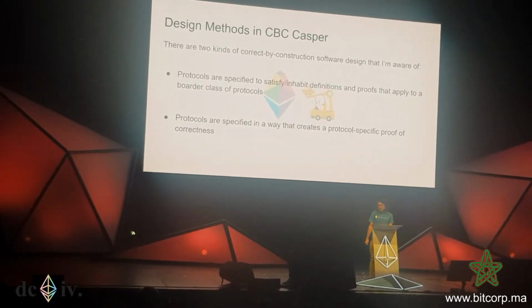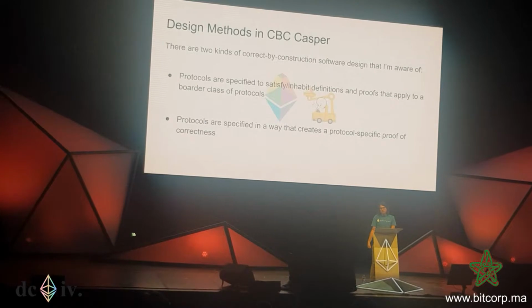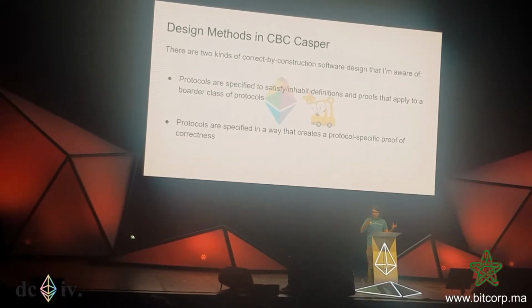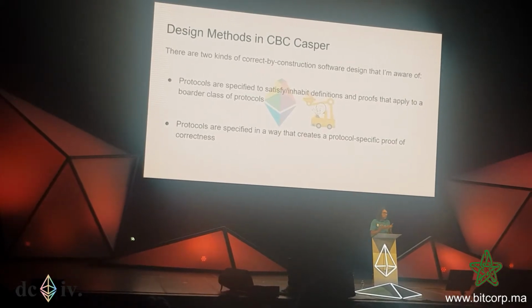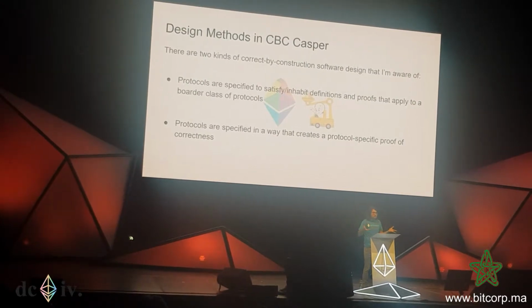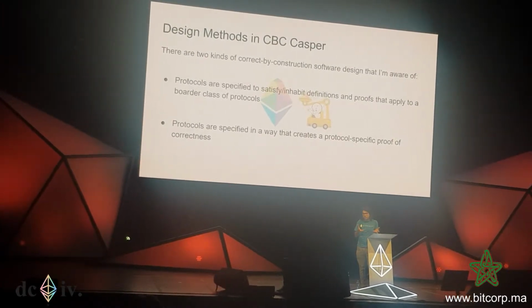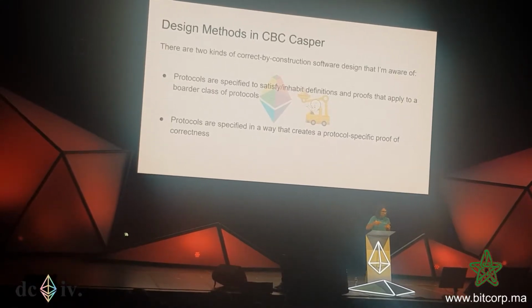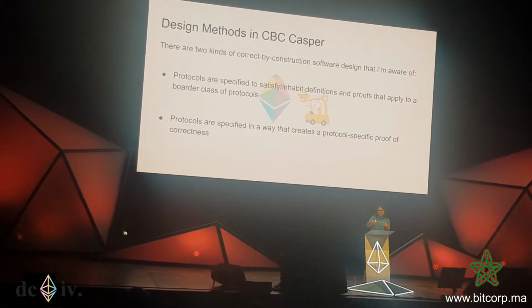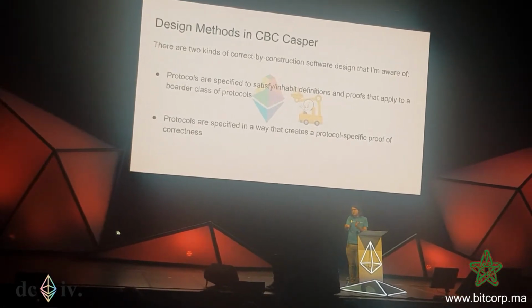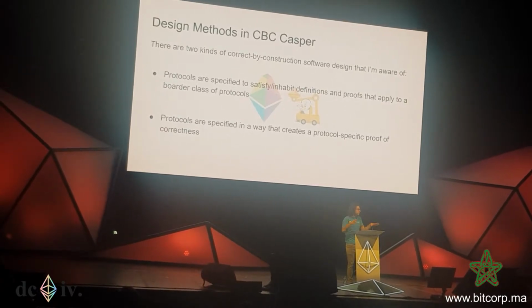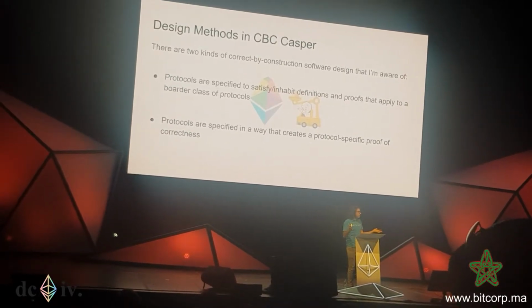There are basically two kinds of correct-by-construction software design I'm aware of. One of them is that you define a proof, maybe a type system and some proofs, over a broad class of protocols or programs, and then in your design process, you choose your protocol to be part of that set, so that it's going to satisfy the theorem that is inhabited by this much broader set of protocols.